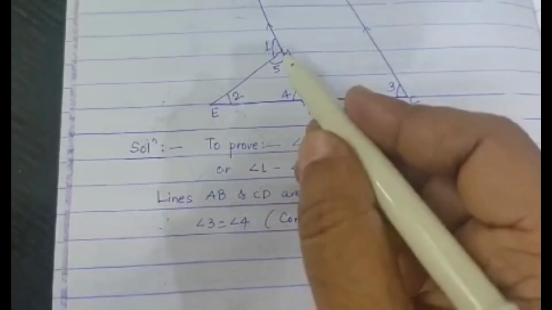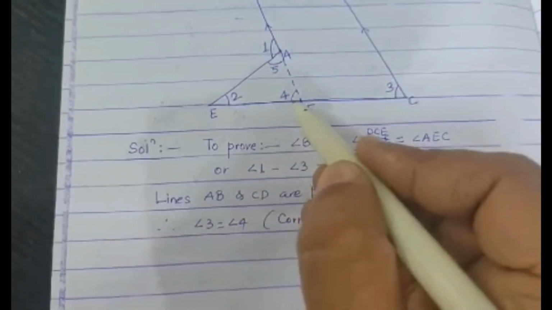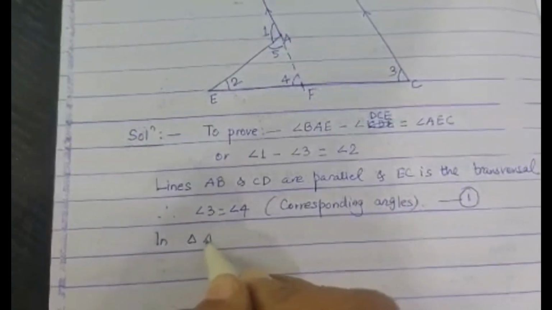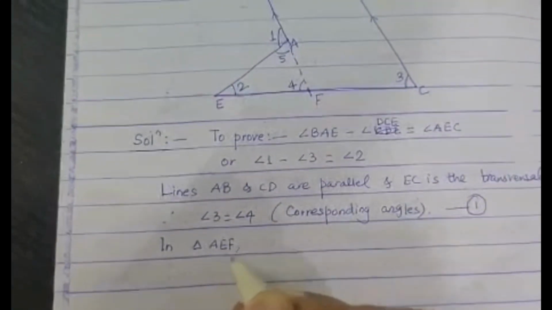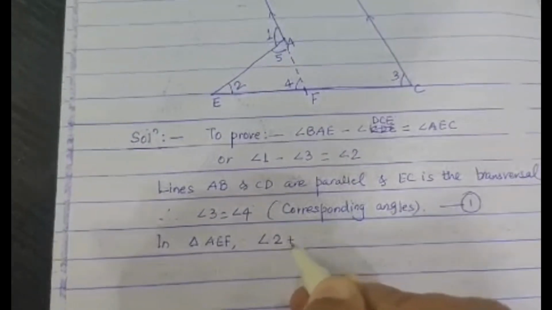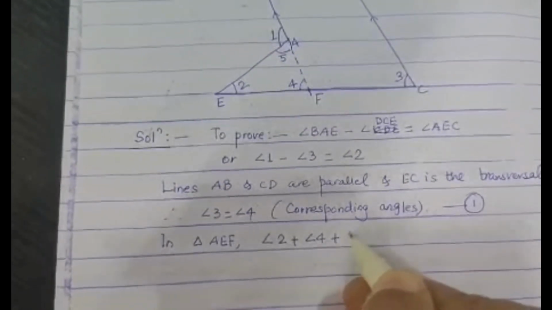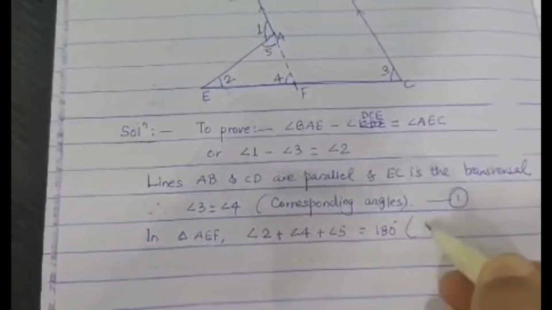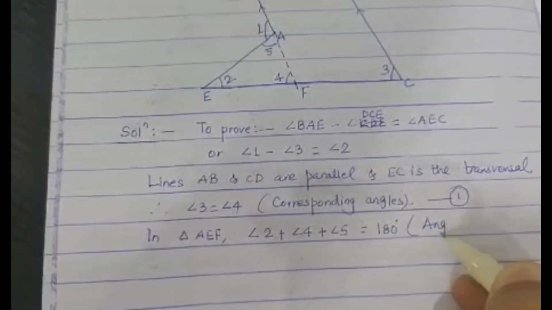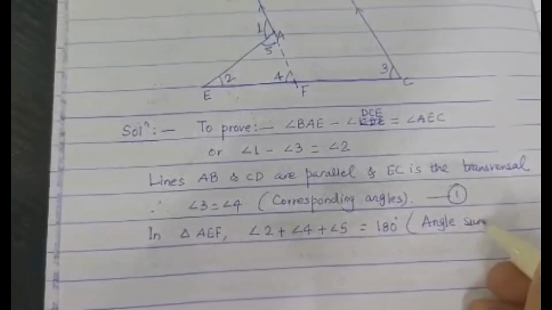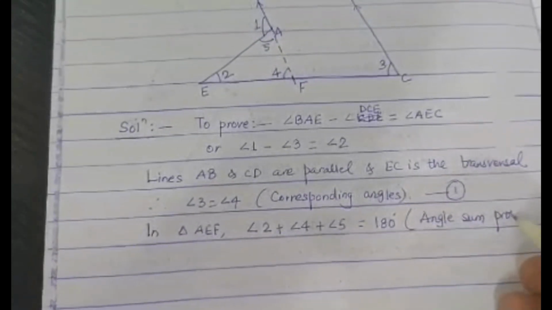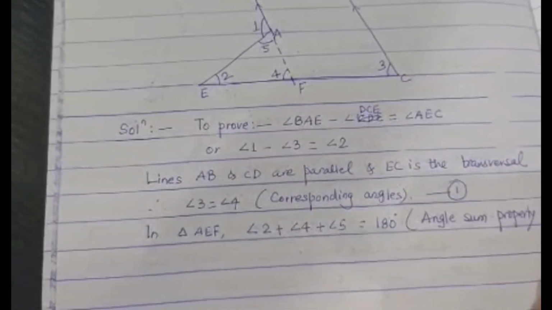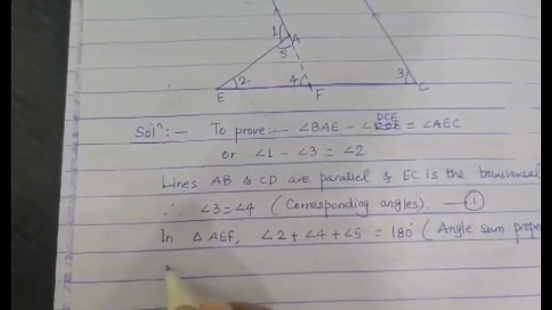Now let us focus on this triangle, in triangle AEF. Now in triangle AEF, we can write that angle 2 plus angle 4 plus angle 5 is equal to 180 degree. We can write it, this is the angle sum property of a triangle.